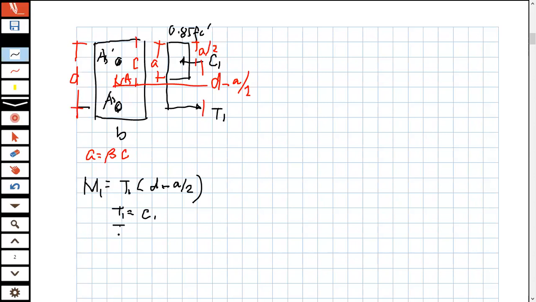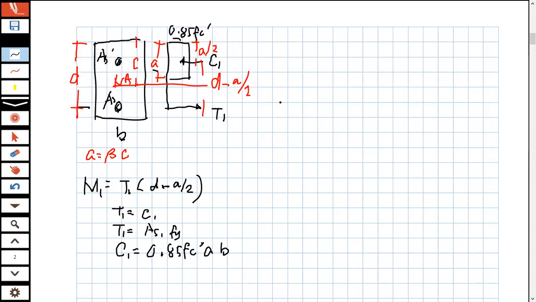T1 is As1 times fy, while C1 is equal to 0.85 f'c prime times a times b, to complete the volume of the compressive block. So we have M1.